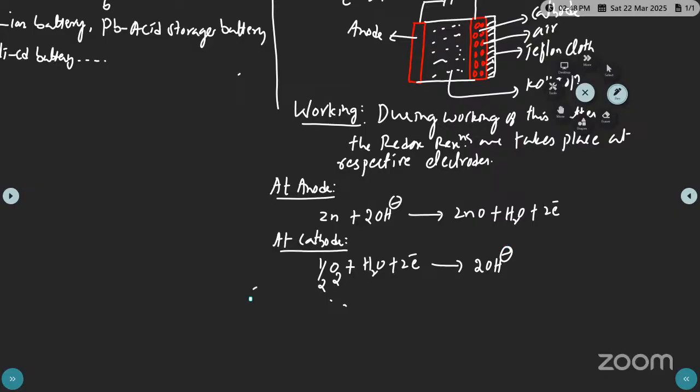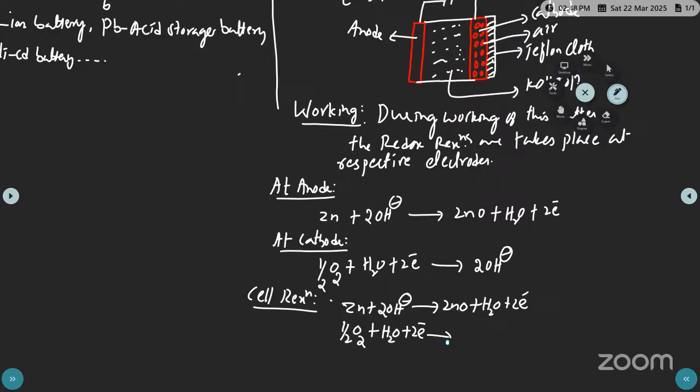And next to write the total cell reaction. So the total cell reaction is Zn plus 2OH minus gives rise to ZnO plus H2O plus 2 electrons, right? And write the cathode reaction: half O2 plus H2O plus 2 electrons gives rise to 2 OH minus.